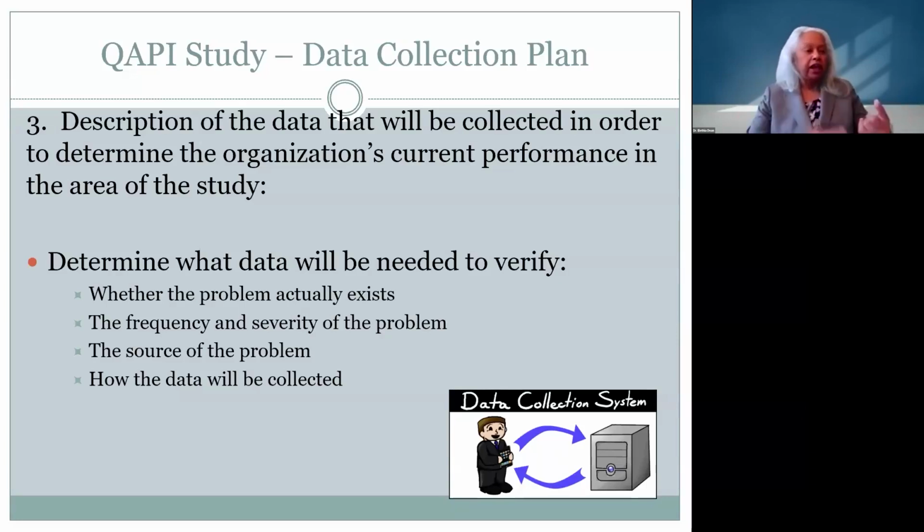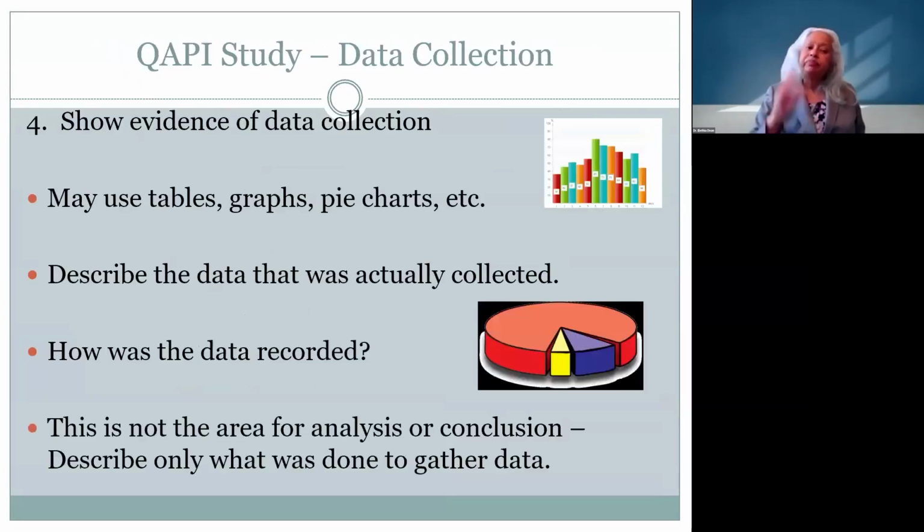So you can say active surveillance will be done by all surgeons who operated in the facility for the past month or 3 months or whatever. Retrospective chart reviews will be done of all patients who had surgery on the dates where surgical site infections were reported, etc. So this is just where you're talking about your plan.